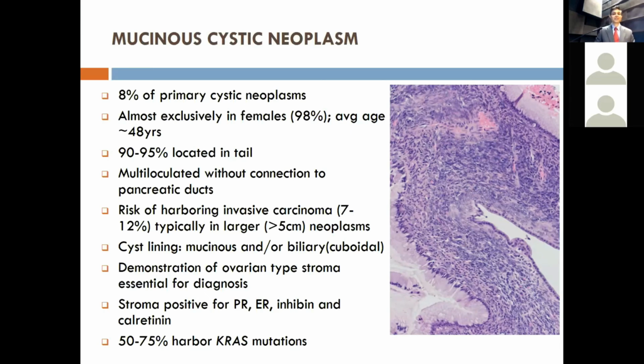Again, with this entity, the demonstration of ovarian type stroma is essential, as seen in our case. That is the only way we could prove that this was an MCN, which is typically positive for progesterone and estrogen receptor, inhibin, and calretinin. 50 to 75% of these cases actually show KRAS mutations, but not GNAS, as seen in IPMNs.